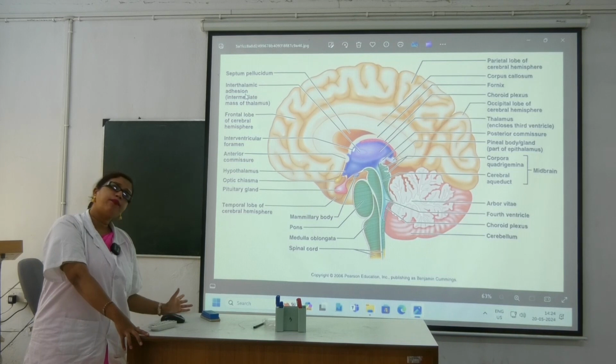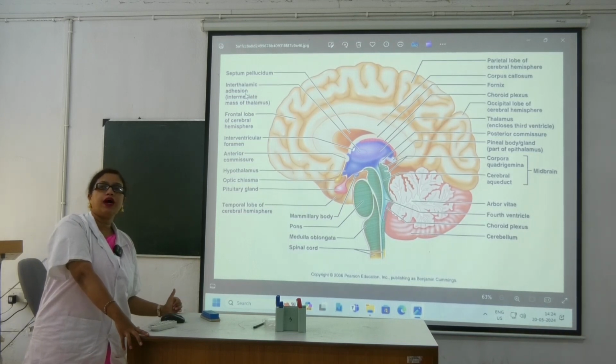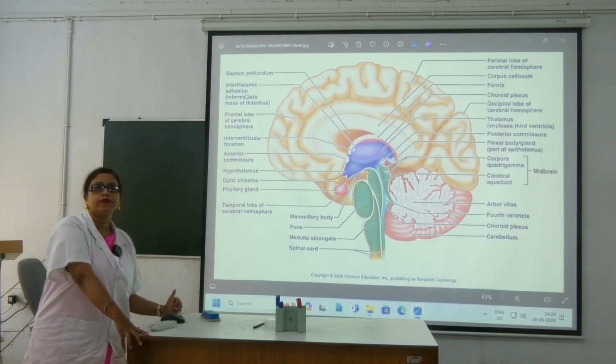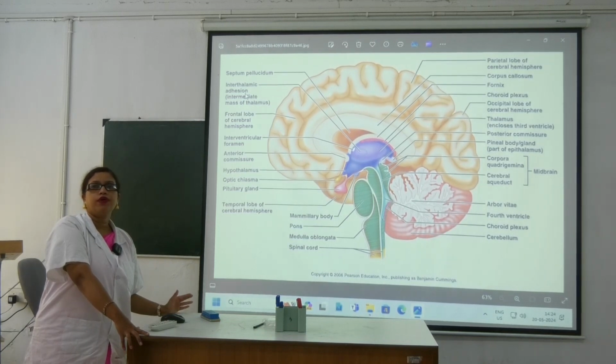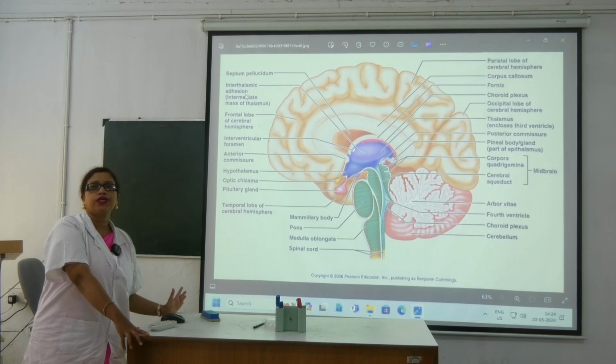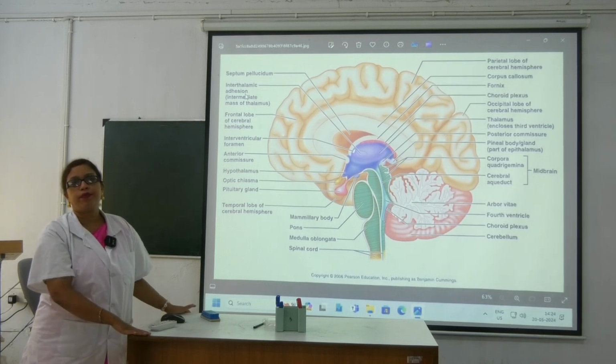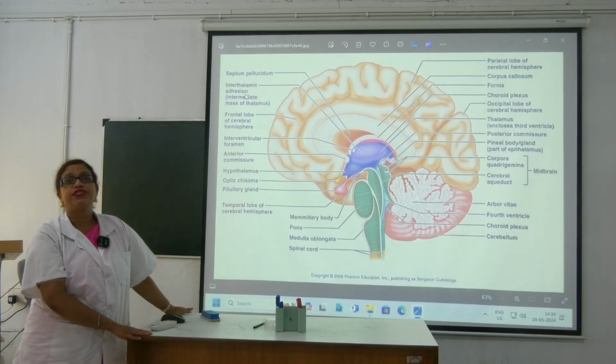Okay, and it is a part of prosencephalon. It consists of numerous sulci and gyri. Okay, আর এর আগের দিনই বলেছি গ্রে ম্যাটারে কি পাবে? Mainly consist of cell bodies of all neurons.